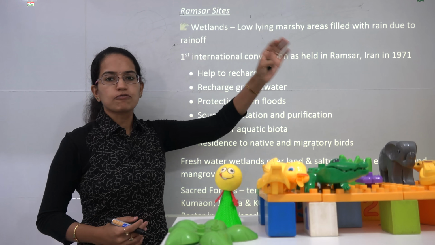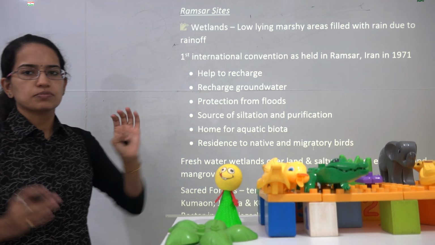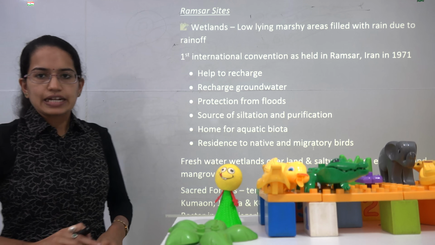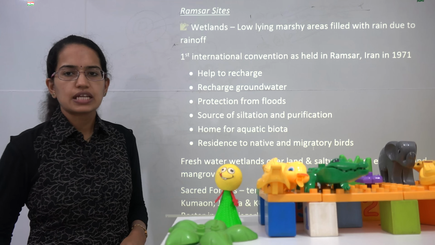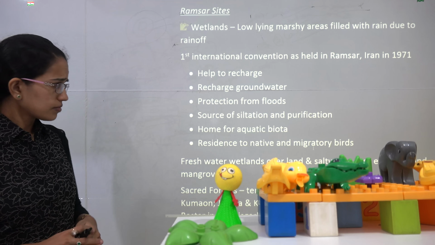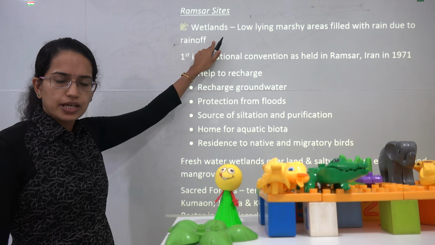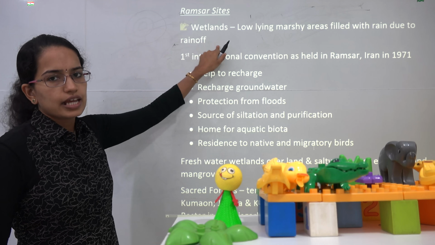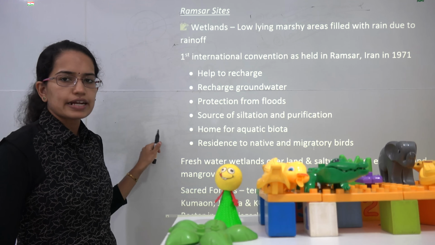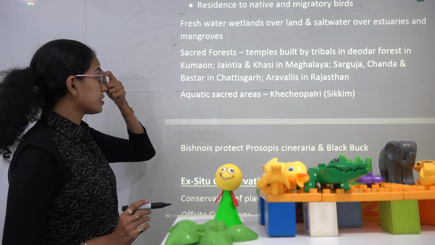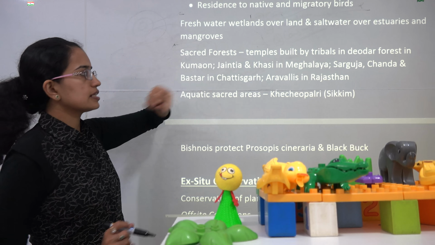They also protect the peripheral areas from frequent floods. Because of these wetlands, siltation and sedimentation occur on the periphery. You have numerous aquatic biota, and it is a home to numerous migratory birds, specifically in India. You also have the mangrove forests that are commonly seen in the wetlands.